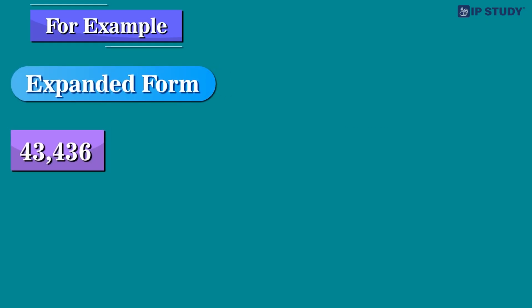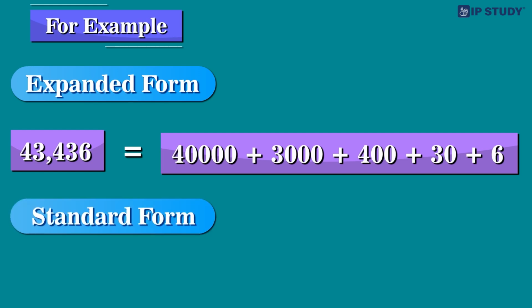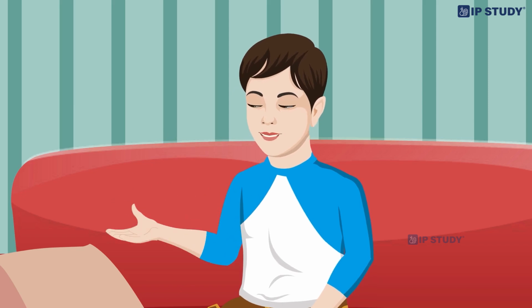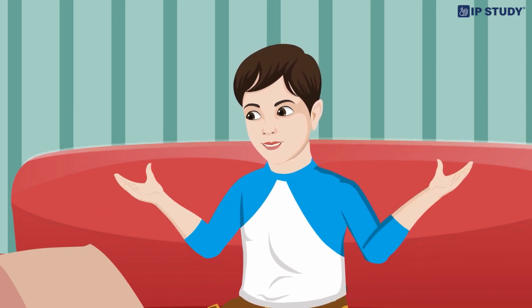For example, 43,436 is equal to 40,000 plus 3,000 plus 400 plus 30 plus 6. And the standard form is how we usually write the number, 43,436.